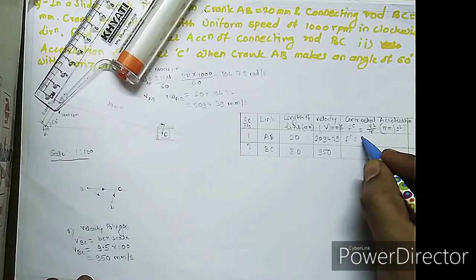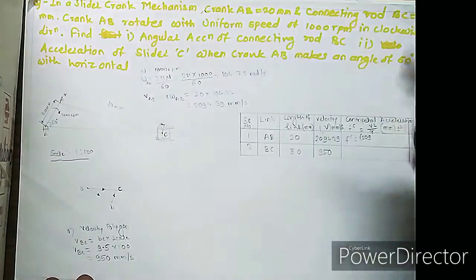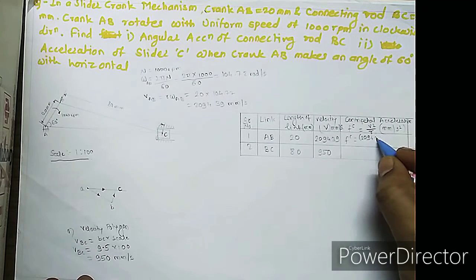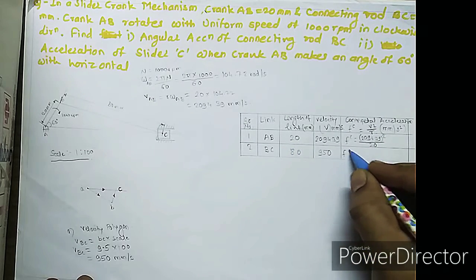Now FC is equal to V square upon R, that is 2094.39 bracket square divided by R, the length of link, that is 20.